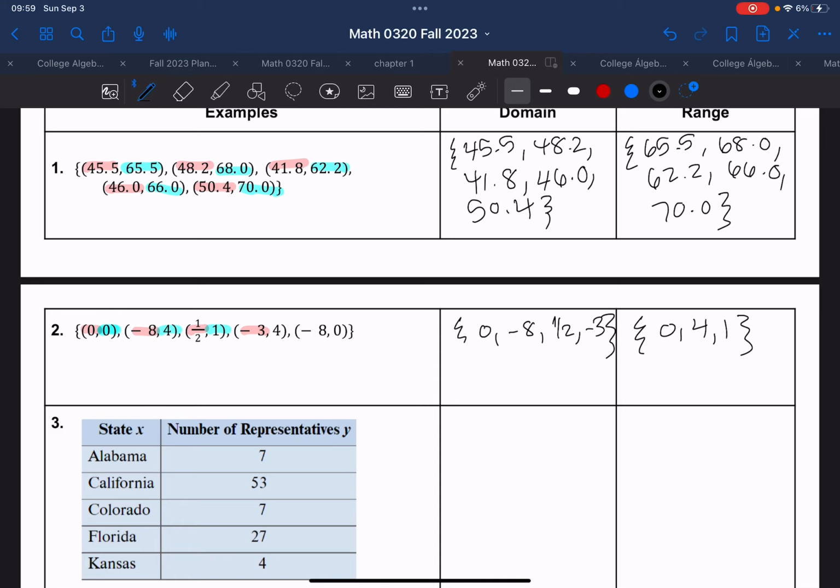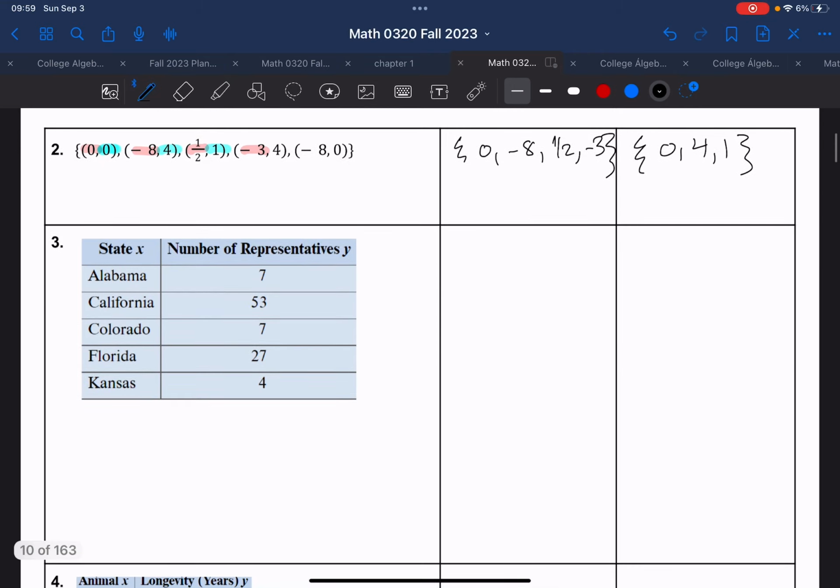Okay. Now instead of having a set of points, in example 3 I have a table. Notice in my first column of the table, my x's, instead of having numbers, I now have that represented by states. We're still able to take this table and write this as an ordered pair.